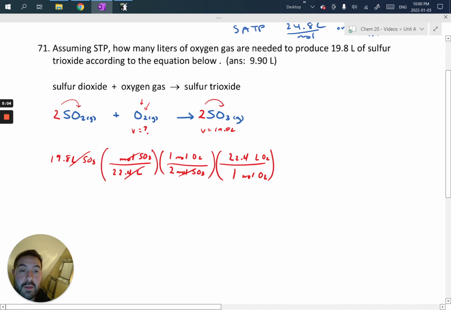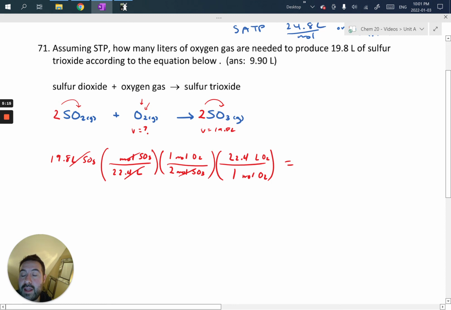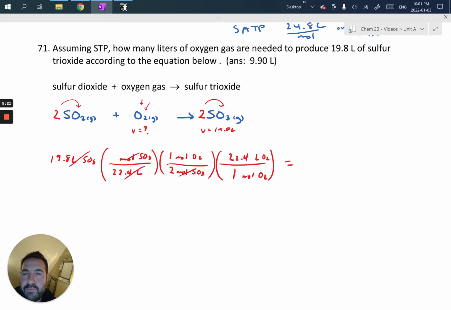Now you might notice something interesting here: mathematically, your first step and your third step cancel each other out. This goes to something that we learned about in class called Avogadro's theory and the law of combining volumes.